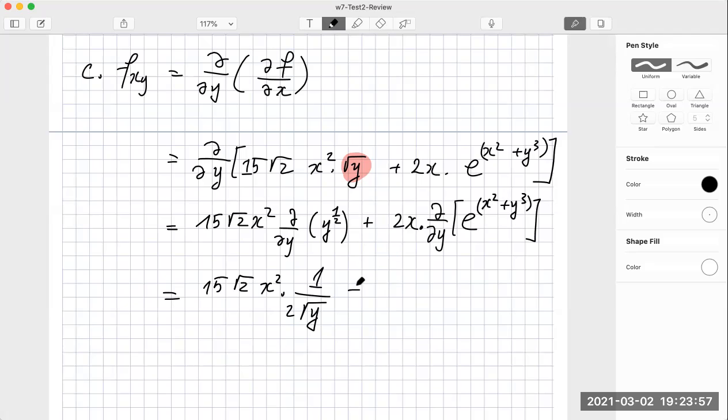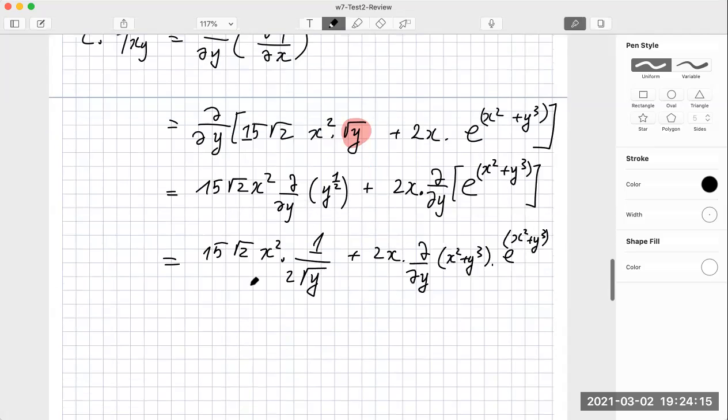Here, again, we use the chain rule, which is the partial derivative with respect to y of x squared plus y cubed times e to the x squared plus y cubed.